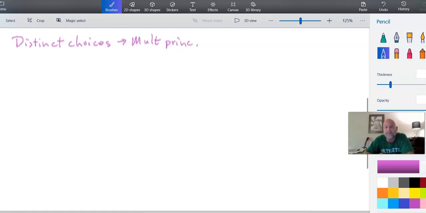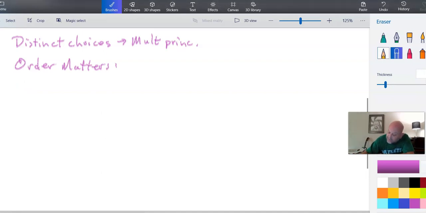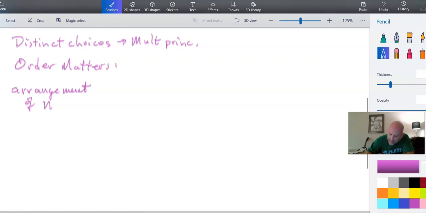Now, if order matters, there's a couple of situations. One, if you have the arrangement of n items, right?